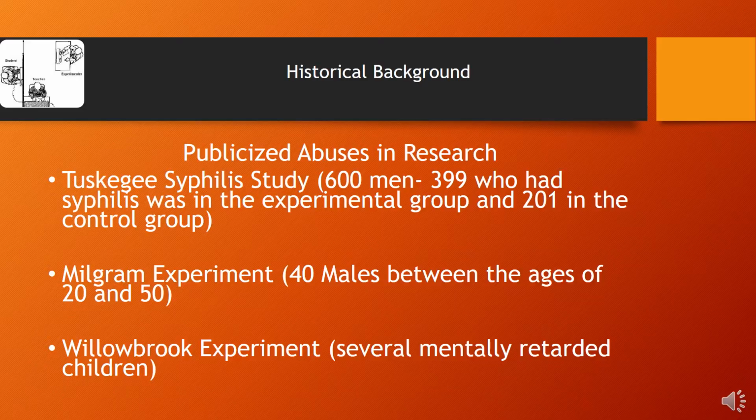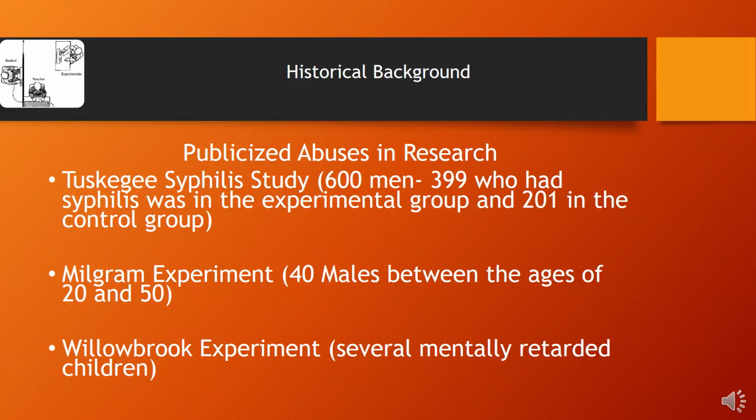Formal procedures for the protection of participants in research grew out of some widely publicized abuses. One example was the Tuskegee syphilis study, which involved 600 men. 399 who had syphilis were in the experimental group and 201 in the control group.